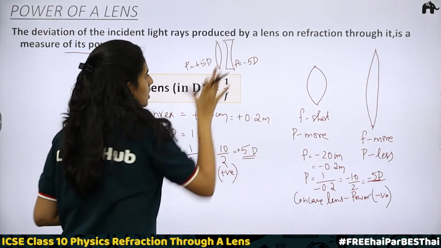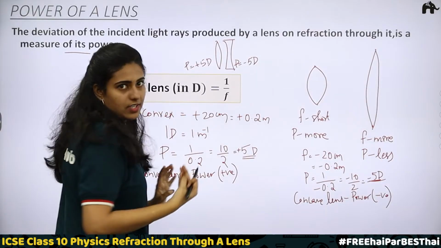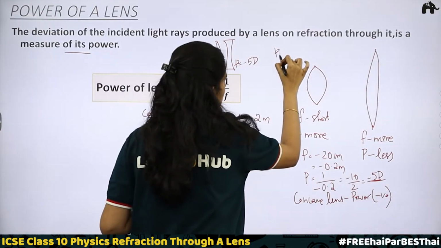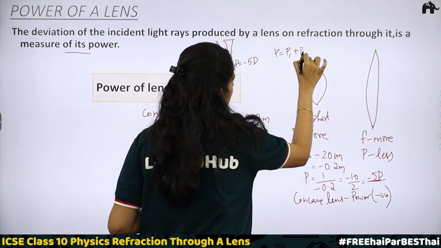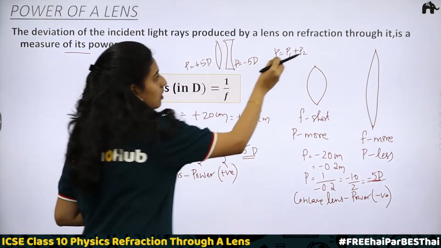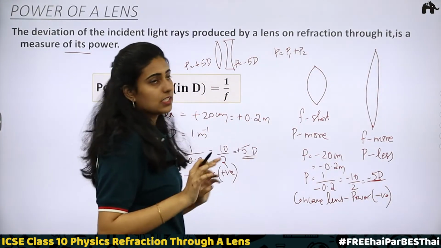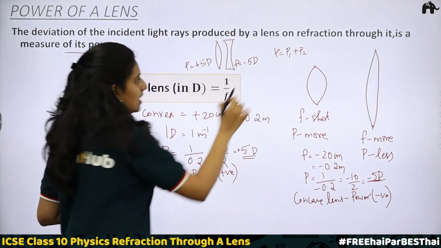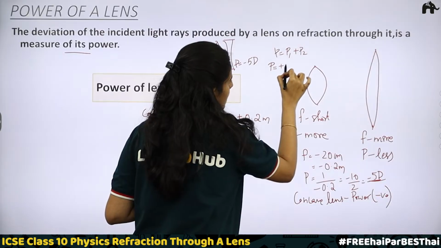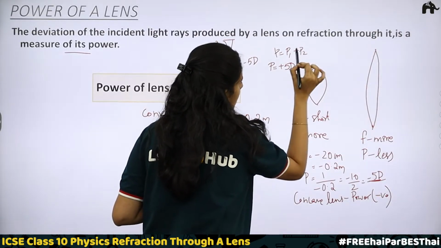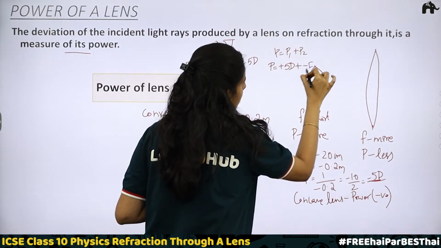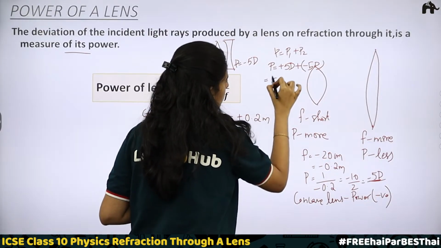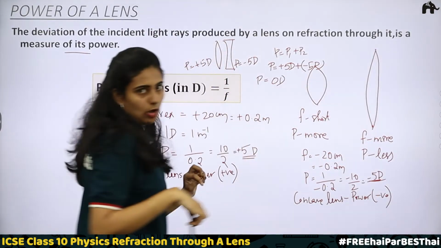For a combination of lenses, the power will be equal to power of first lens plus power of second lens. If you have two lenses, you add the powers to get the total power. In this case, plus 5 diopter plus minus 5 diopter is equal to 0. Power will be 0 diopter.